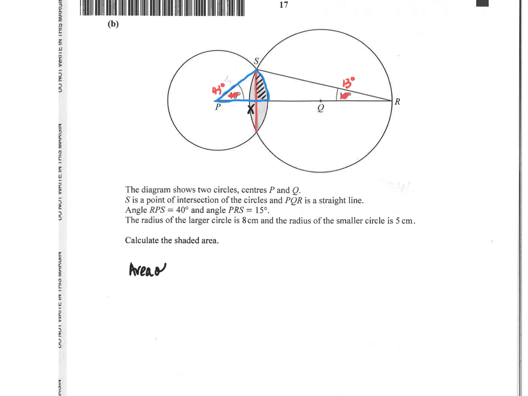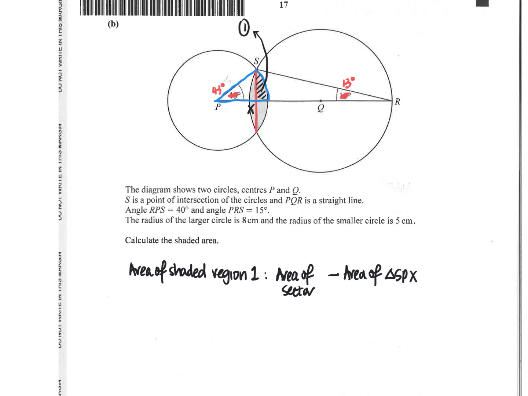Okay, area of shaded region 1. So let's say this portion here is shaded region 1. I will use area of sector, the blue one, take away area of triangle SPX.